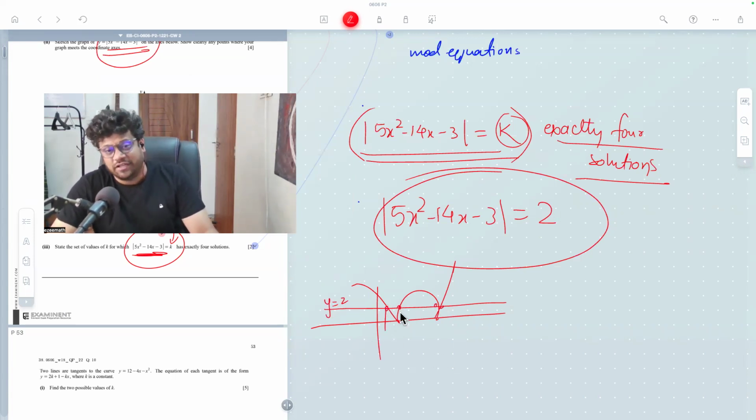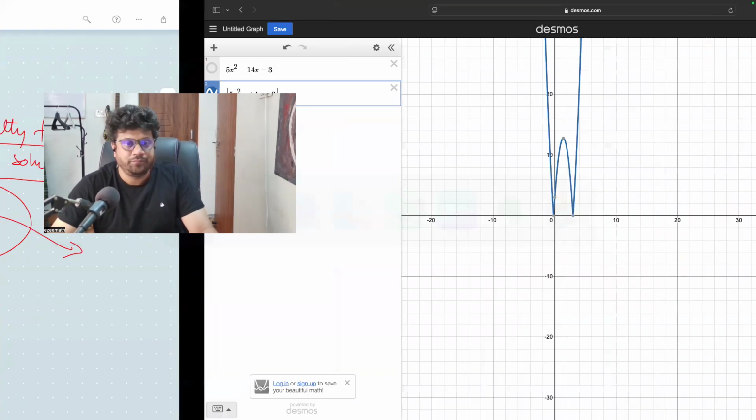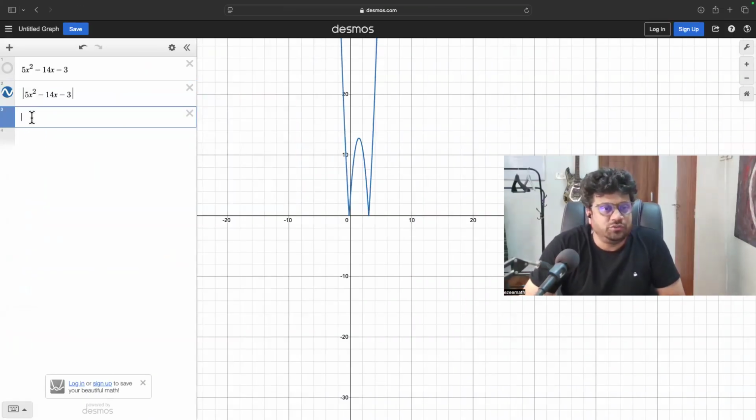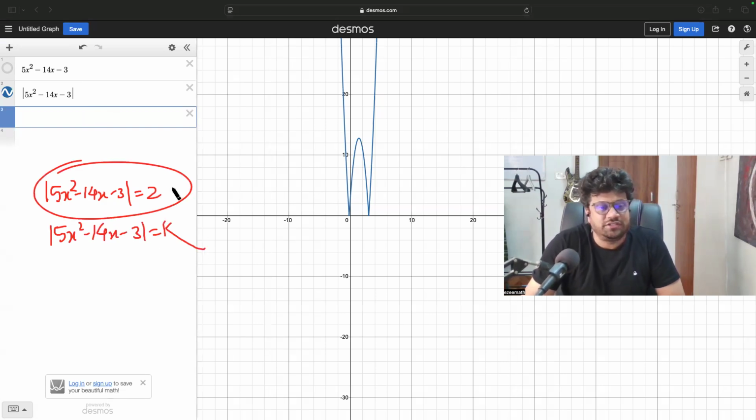The x coordinates of these points are the solutions for this equation. So let's do mod of 5x² − 14x − 3 equal to 2, before I get to the values of k. I want to see how many solutions and what the solutions are for this first.